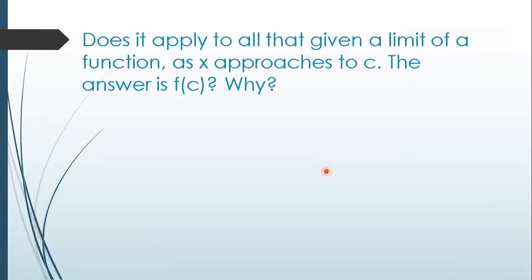Now, let me ask you the question: does it apply to all functions that, given the limit of a function as x approaches c, the answer is f of c? And then you need to state why.